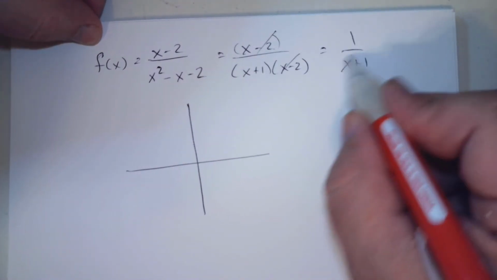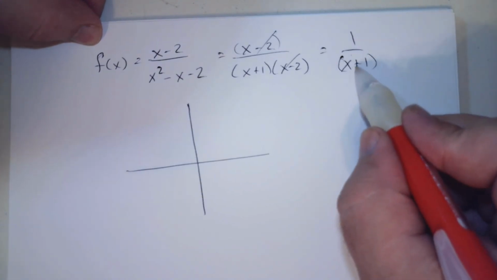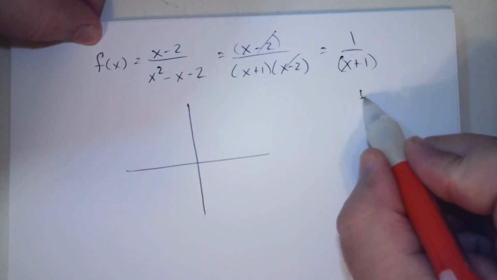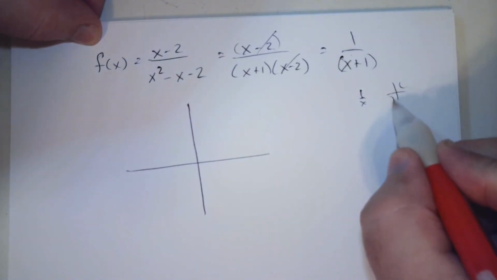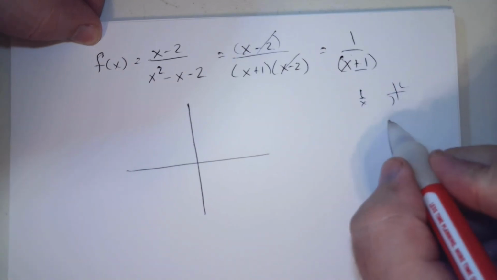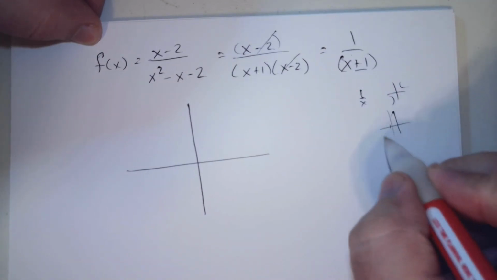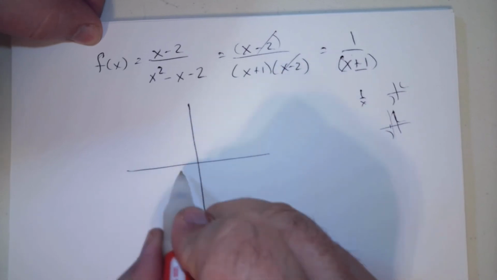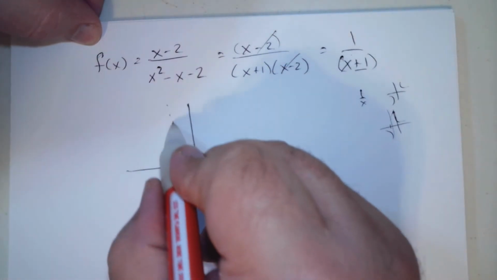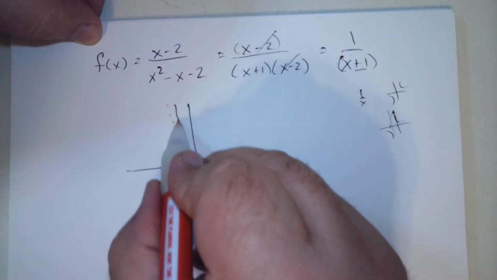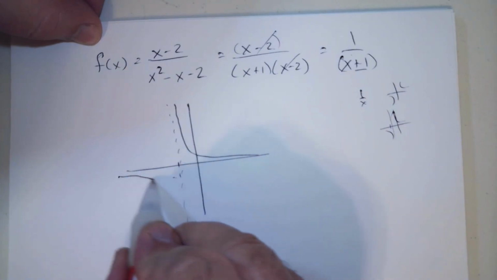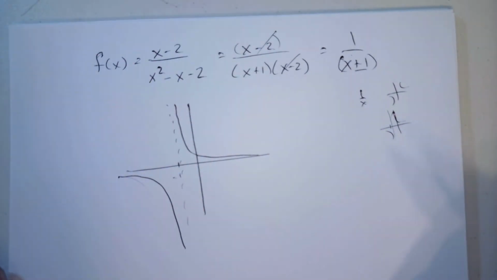This is similar to what we did earlier. We have the function 1 over x, which looks like this. We shifted it to the left one space. So there's our graph.